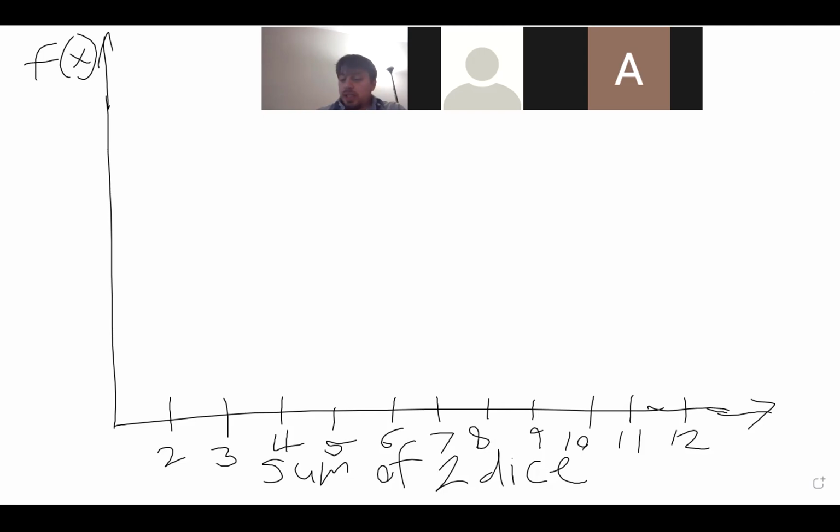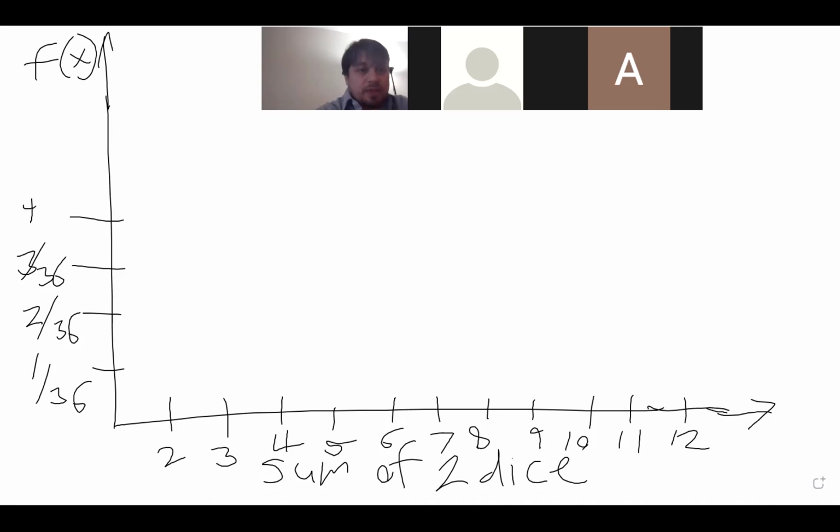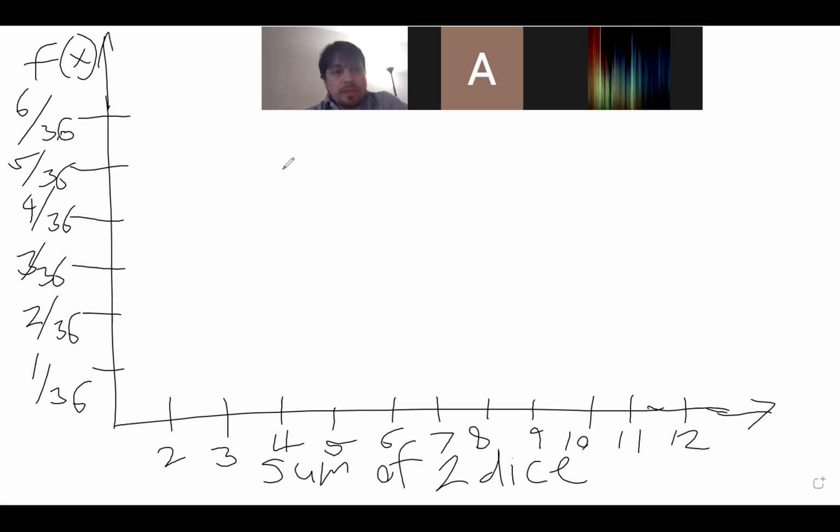So the probabilities we had were 1 over 36, 2 over 36, 3 over 36, 4 over 36, 5 over 36, and 6 over 36. Okay. And so this is going to be an example of a bar chart.